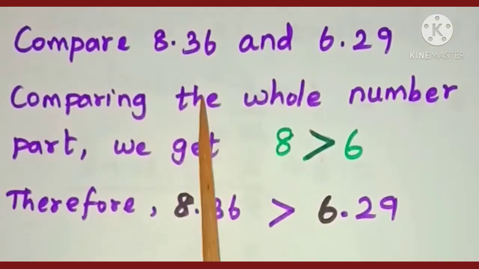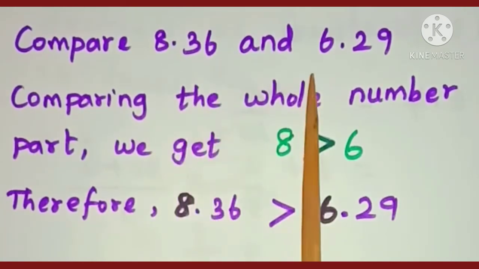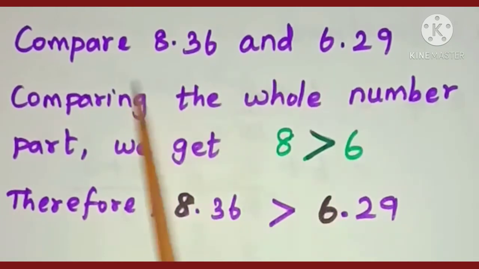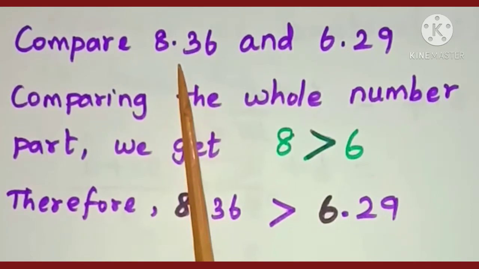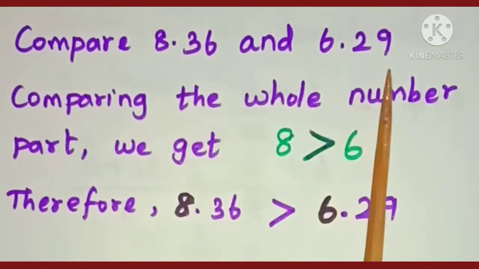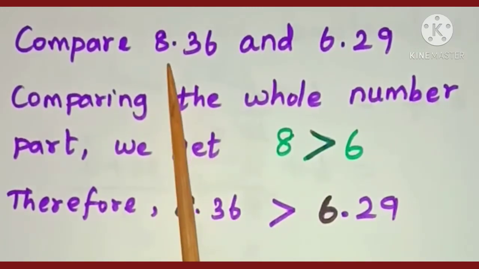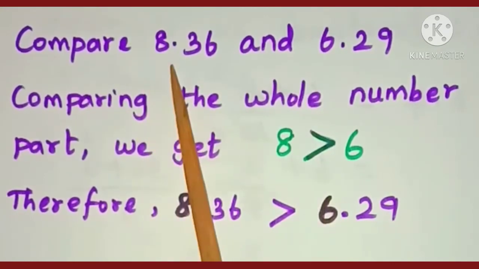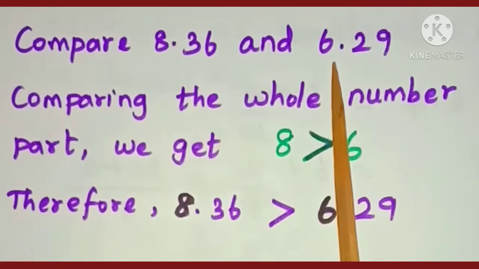So, here compare two decimal numbers 8.36 and 6.29, which are the decimal numbers with equal decimal digits, isn't it? So, here two digits are there after the decimal point and here also two digits are there after the decimal point. And here, which is the whole part of these two decimal numbers? In the first number, 8 is the whole part and here 6 is the whole part.